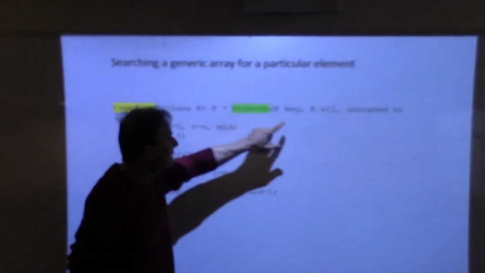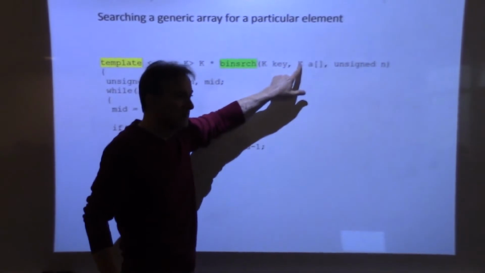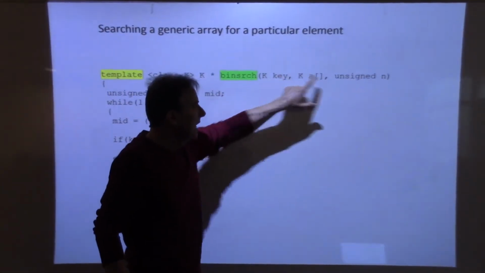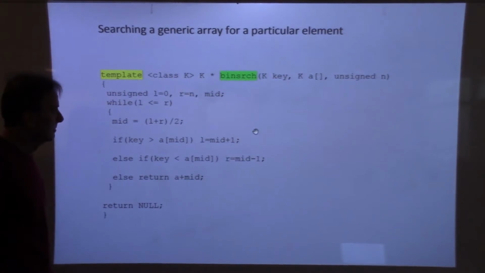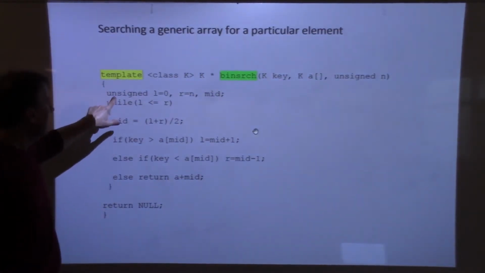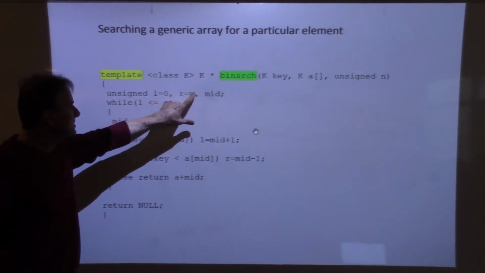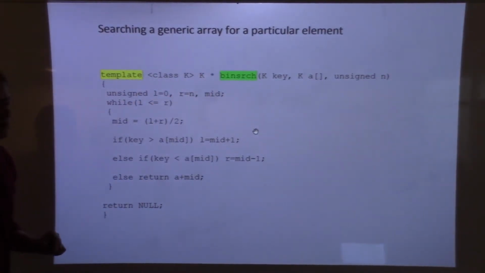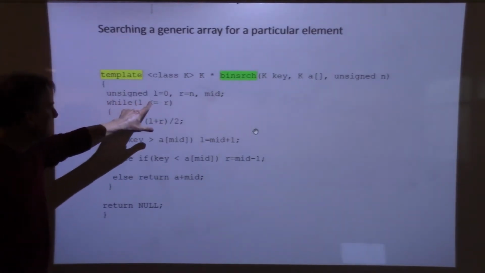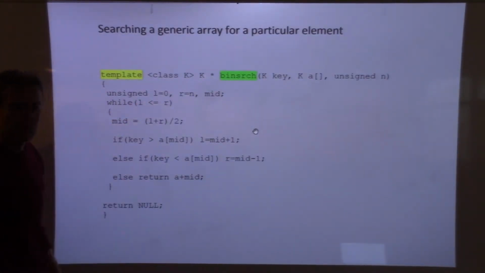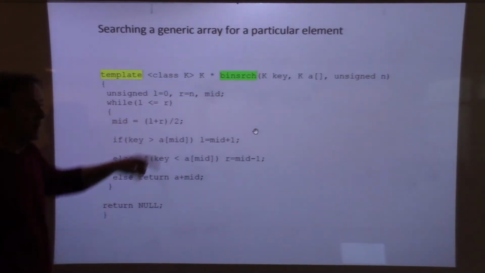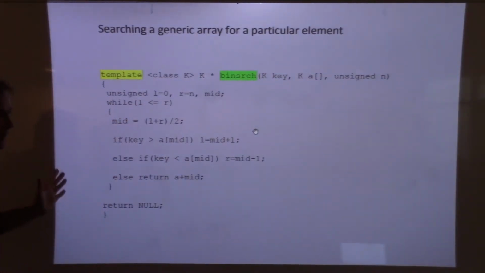So forget about template, forget about class K, forget about all this. Think that you have an array of something, you're searching for the key, and this is how many elements you have. Okay? So what we're going to have is we're going to say the left index is 0, the right index is end, and then we're going to have a mid index. While left is less than or equal to right, we have at least one element.